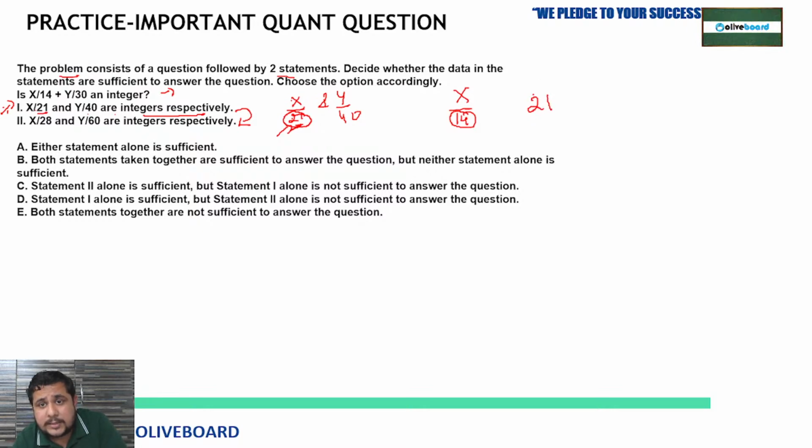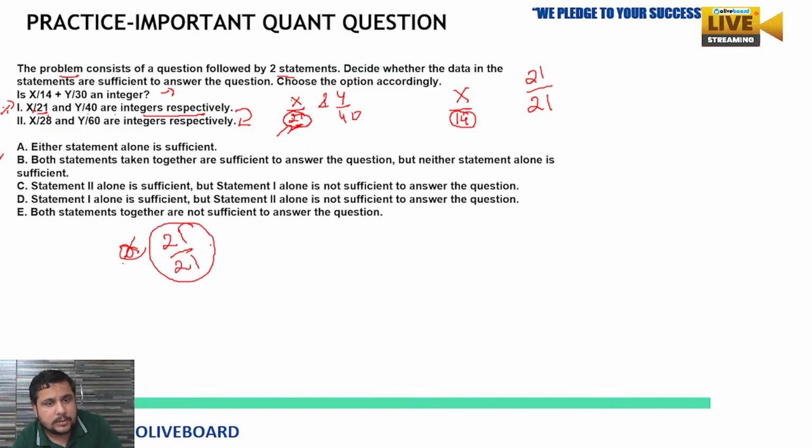For an example, I am telling you x is 21. Because x/21 is given, the minimum value we can expect here is 21. So 21/21 we are getting 1, right? That means x is cancelled by 21.